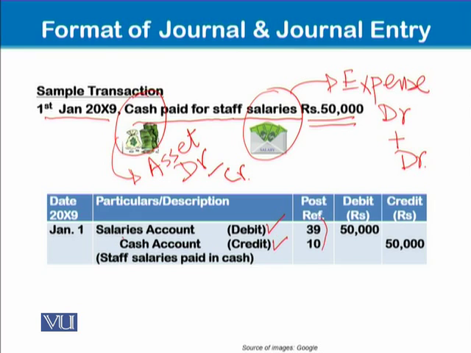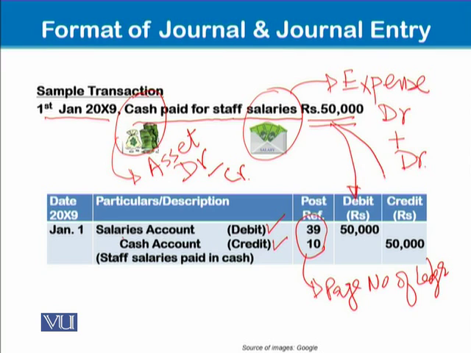Here we put an assumed number of post reference. In a way, this is the page number of the ledger. And this is the debit amount. Since we have paid 50,000, we will put it in debit as well as in credit. So this is how we have analyzed this transaction.